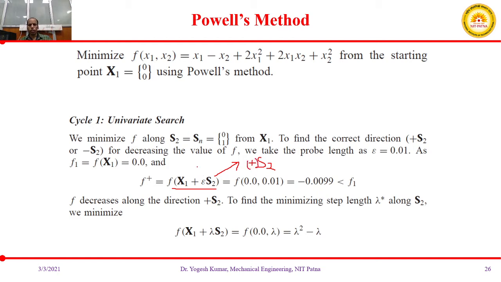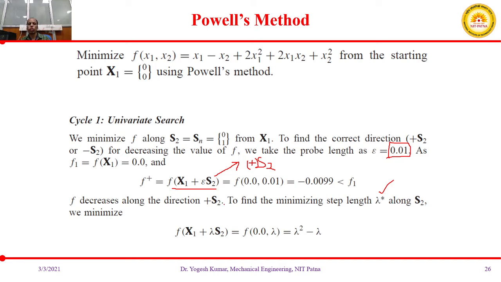Now, because it was an arbitrary problem, you need to find the step length, up to how much step you should move in the S2 direction in order to get the minimum or optimum value.